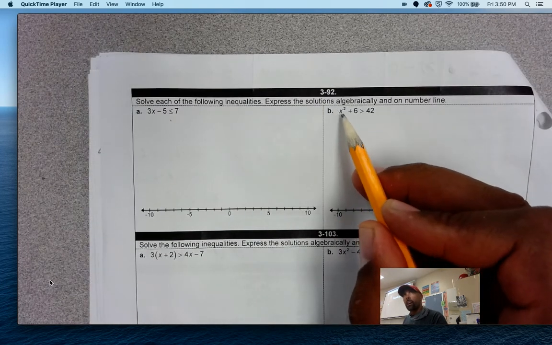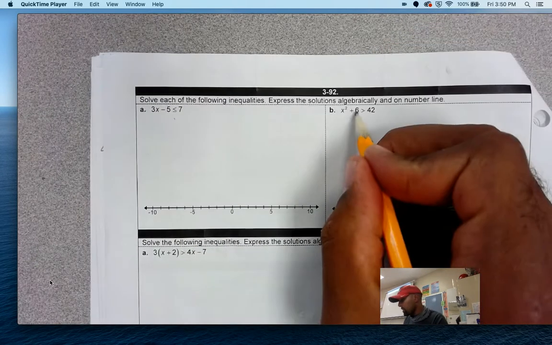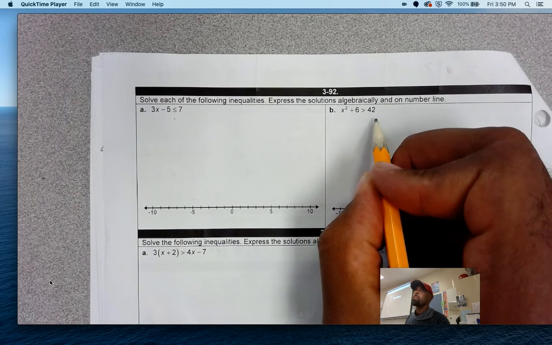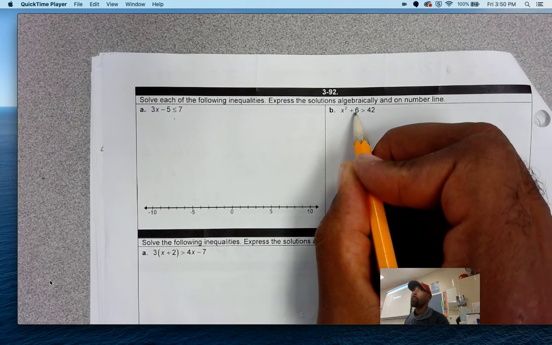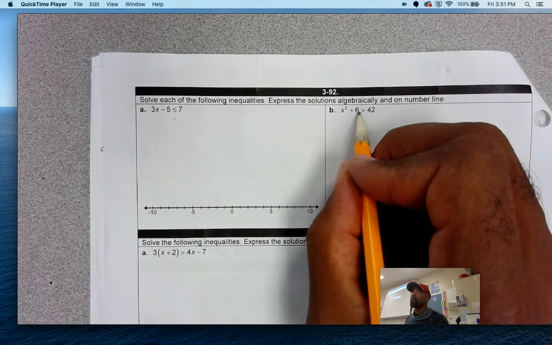Okay, here is a quadratic. Now I'm going to help you on this one. Notice that yes, it's a quadratic, and yes, it's squared, and maybe you're thinking equals 0, but you only have an x squared, and there's no other x.